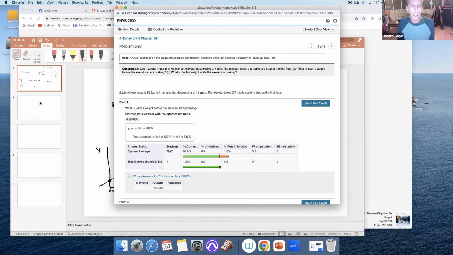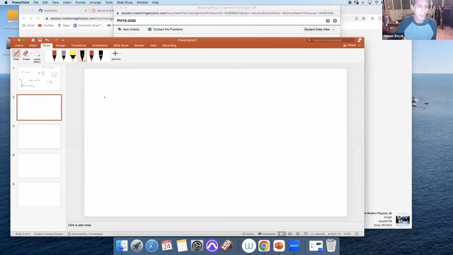Now this one's a little bit different. We have Zach who's in an elevator. So he's standing in an elevator. If we draw a free body diagram on him, he has a normal force up and mg down. Before the elevator starts to brake, a is 0.